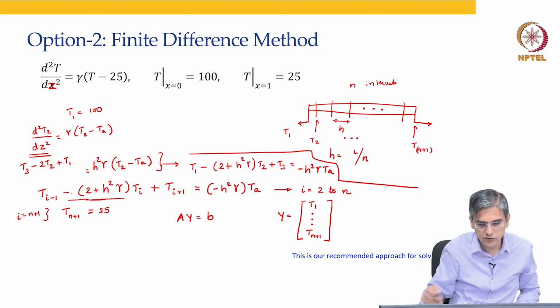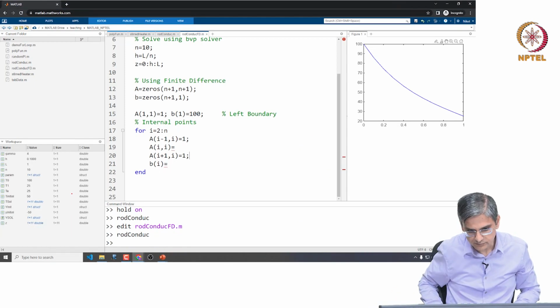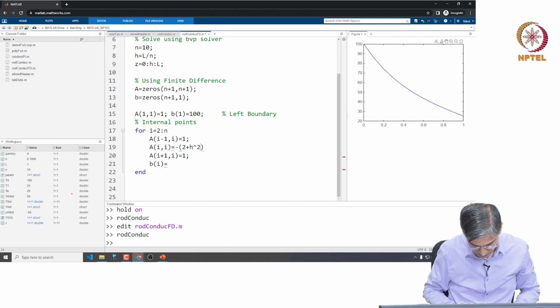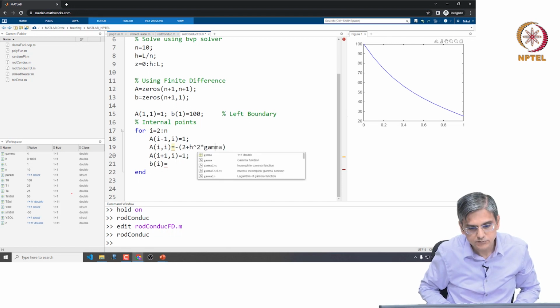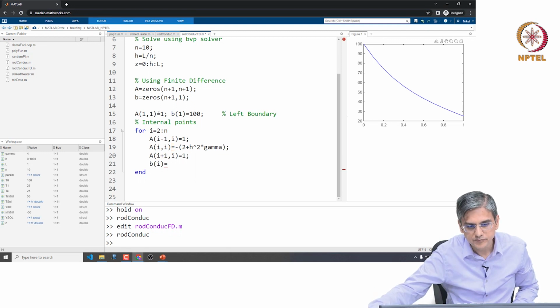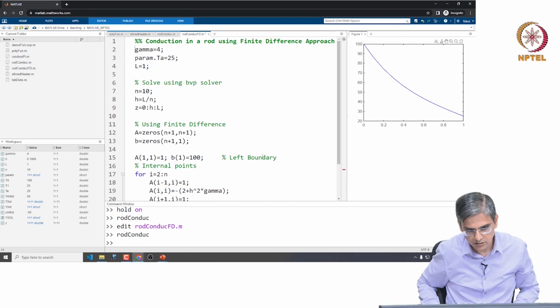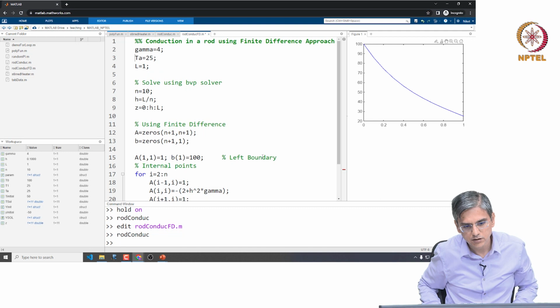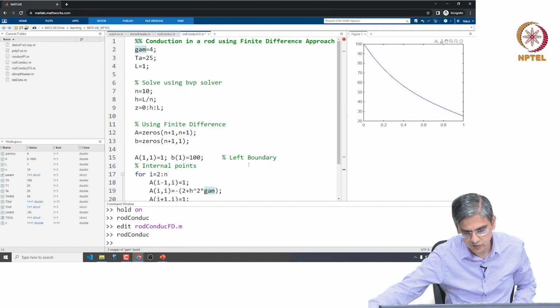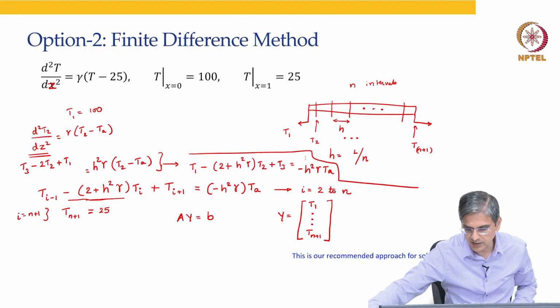It is negative 2 plus h square gamma. I do not want param. I will just call this gam. Okay. Now, that is because gamma is a function in MATLAB.